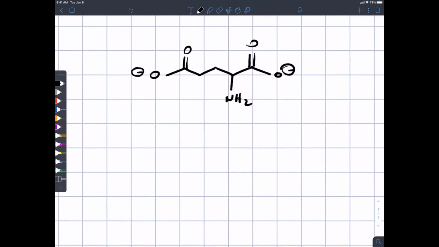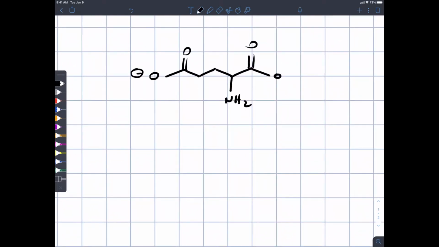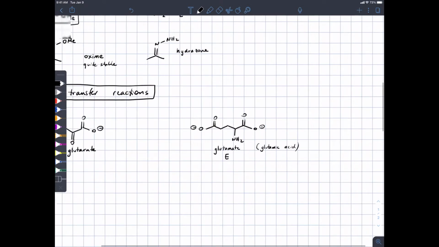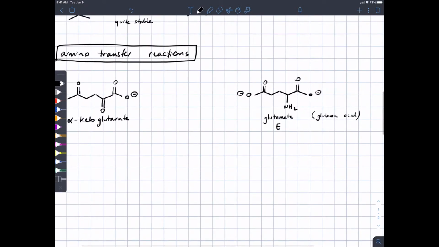I'm not showing side chain stereochemistry because I'm lazy, but now this becomes glutamate, the conjugate base of glutamic acid, and you can use this to make proteins. The code for glutamate is E, by the way, in case you care. Now, as you look at these two molecules, the difference is we used to have a ketone here, but now we have an amino group there.